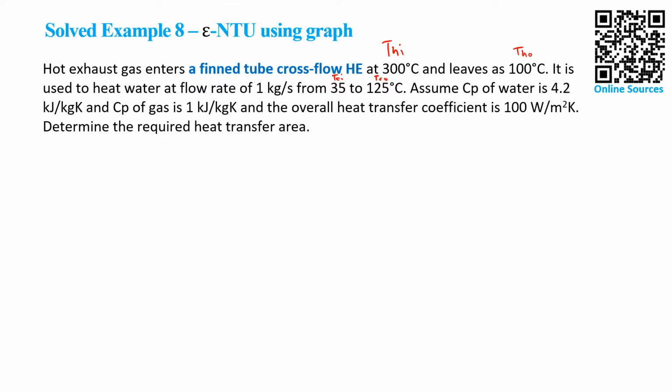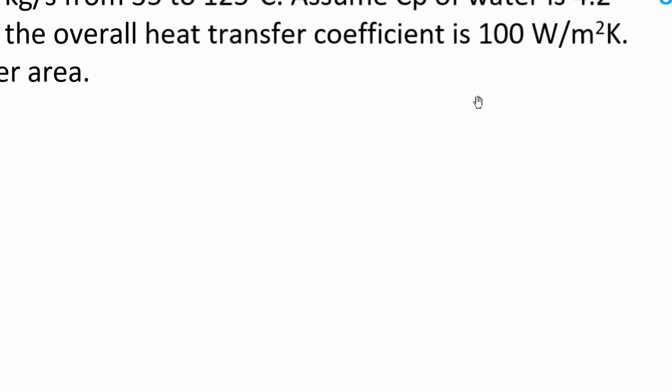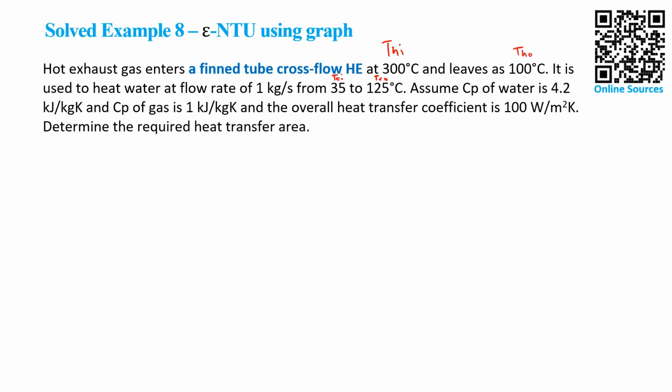Before I solve this problem, I want to tell you that in some problems, we are given the Cp value and also the U value. But in reality, we don't know.